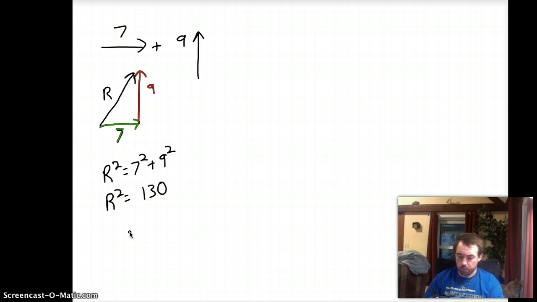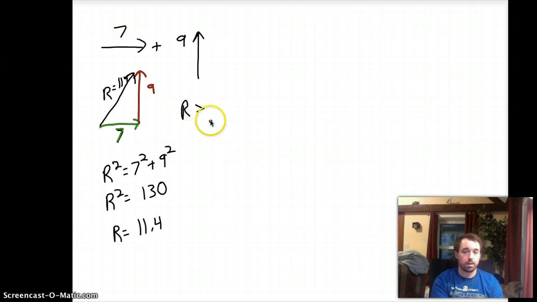And we want to take the square root. There it is. Square root of 130 is 11.4. So R equals 11.4, whatever the unit is. So one thing to note, the R will always be greater than each of your sides.